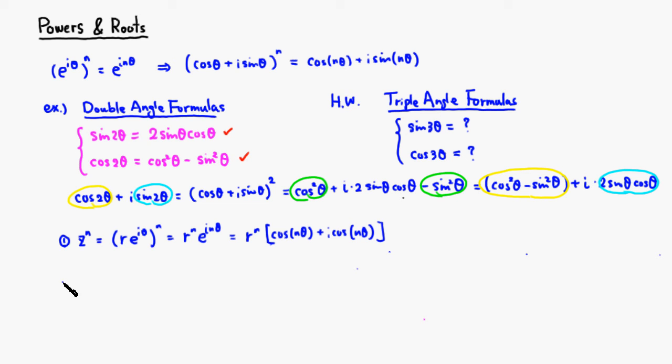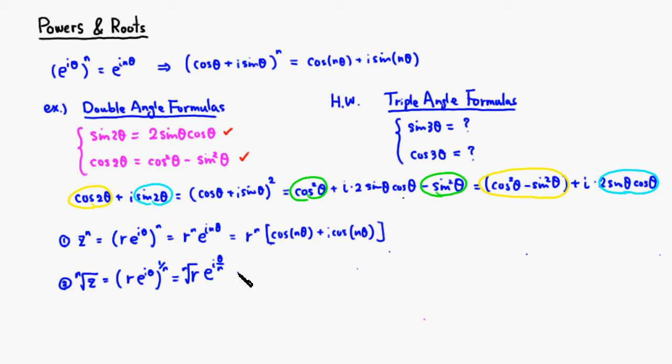If you raise z to the 1 over n, or the nth root of z, it's the same thing: r e to the i theta, raised to the 1 over nth power. So it's going to be the nth root of r times e to the i theta over n.